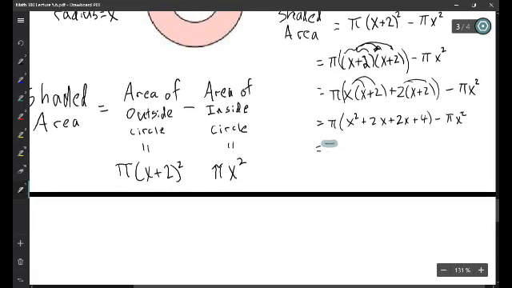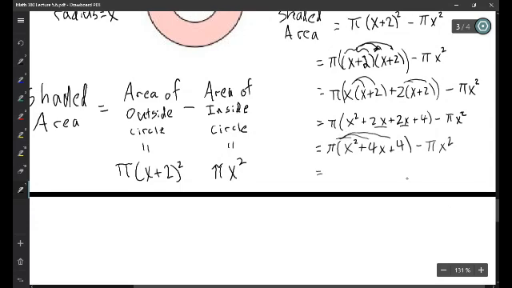We have pi outside, and then x squared. Combining here, we get 4x, and then plus 4. And then minus pi x squared. Now we'll distribute the pi through.